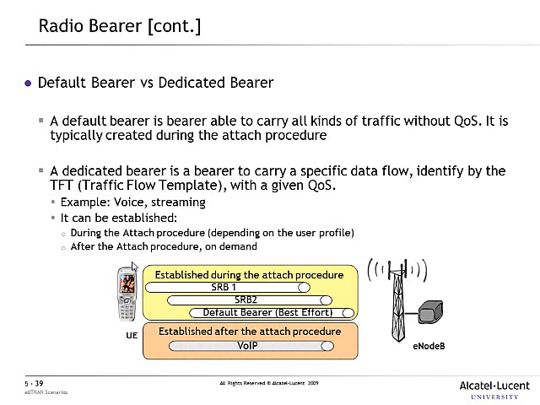Okay, and it is established after the attach procedure, and on demand. Okay, so it's not automatically set up. Only on demand is a dedicated bearer set up. Okay, so this is a good question for you to know the difference between the terms dedicated bearer and default bearer in the context of LTE.